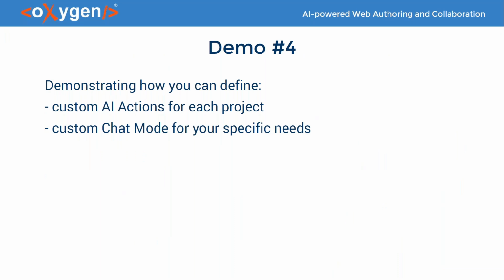And the exemplified chat mode will be a chat mode called SME friendly that has the purpose to help subject matter experts to interact with the project and maybe to correct their custom terms, but I will show you.